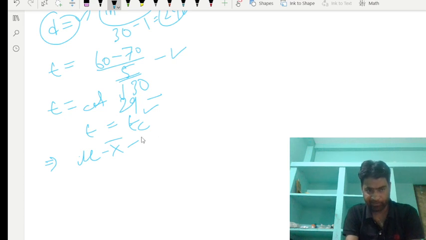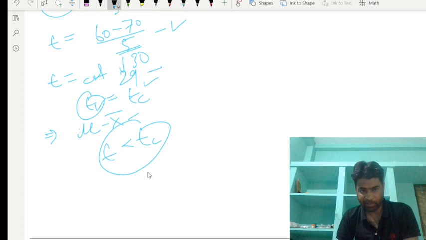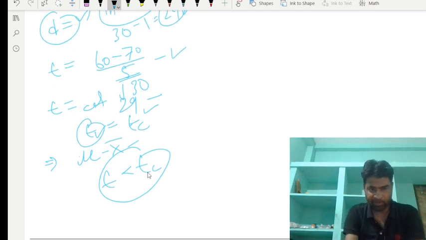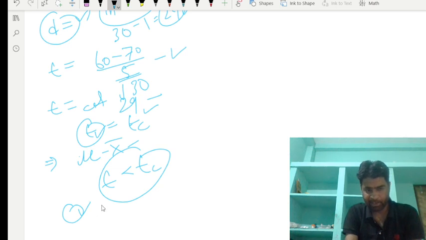If you get a calculated value of t that is less than the critical value of t at the degree of freedom, that means there is no significant difference between the population mean, that is the hypothesized salary of 70,000 for Tata Steel plant employees, and the sample average monthly salary, that is 60,000.